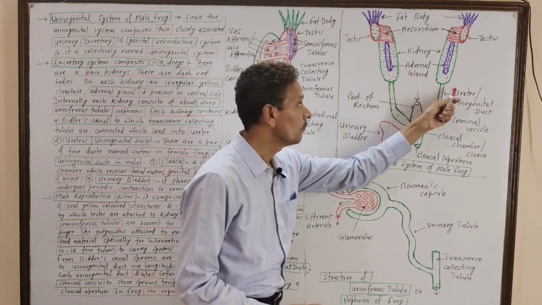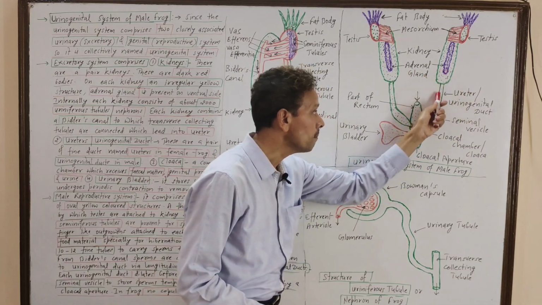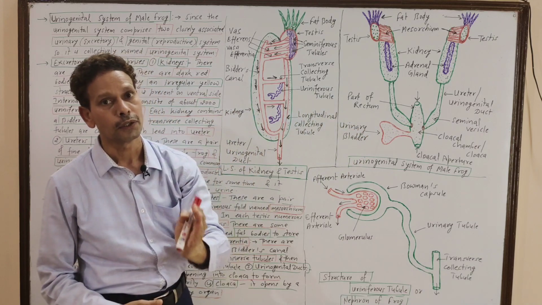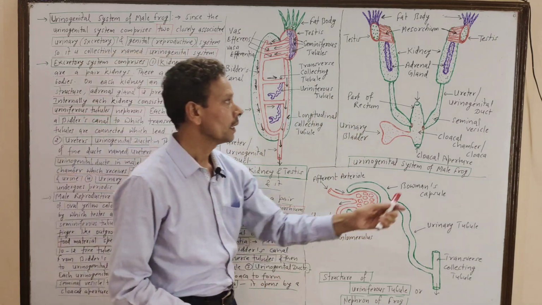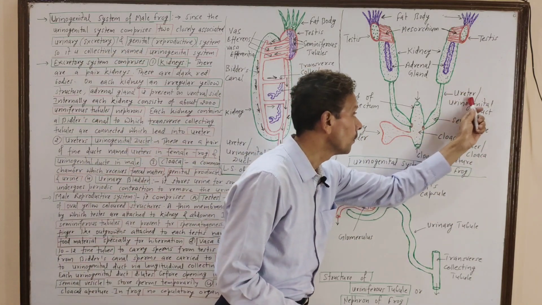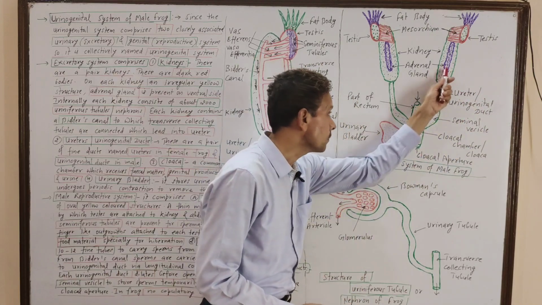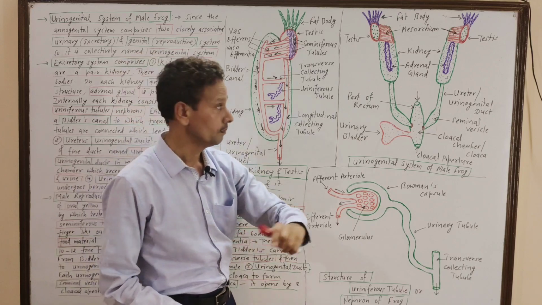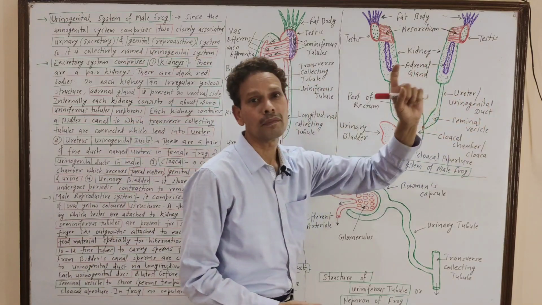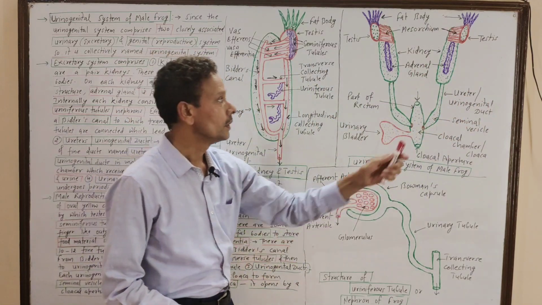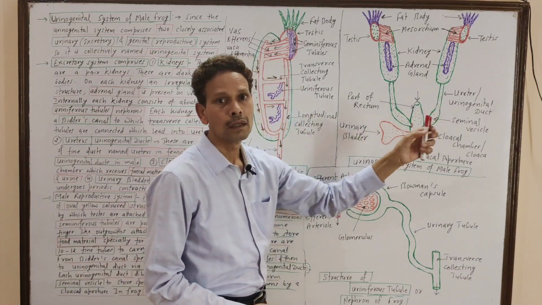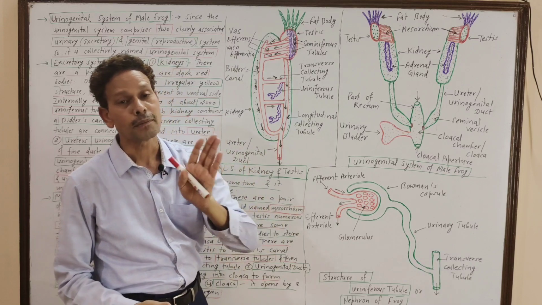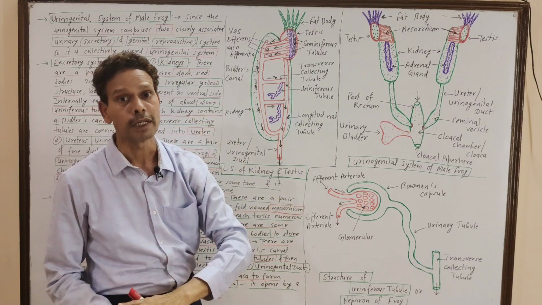In the female frog, these are simple fine ducts which conduct urine only. It means in the female frog, these fine ducts are named ureters. But note down, in the male frog, these ureters carry urine as well as the male reproductive discharge, semen.